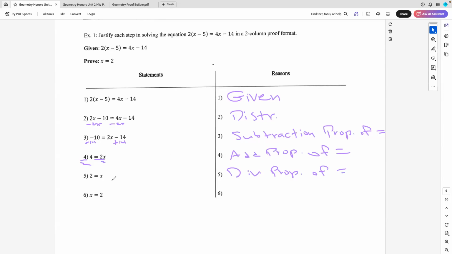And the sixth one's kind of dumb because you already solved it, but since they reversed it, it's just symmetric property of equality. I personally don't care about that, but if you're given these steps, what are the reasons to back up these steps? That's what I want you guys to get good at.